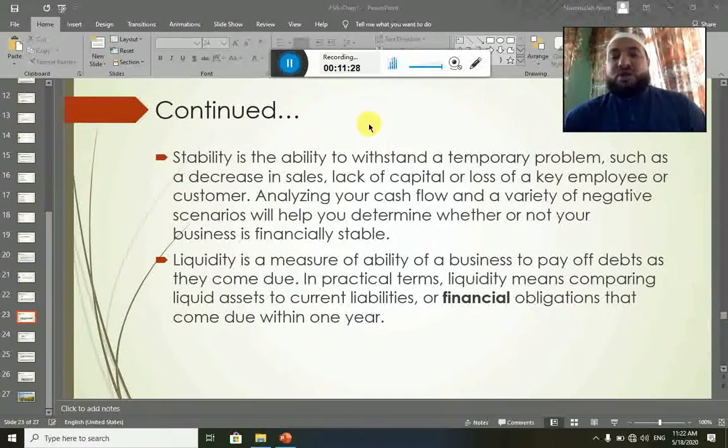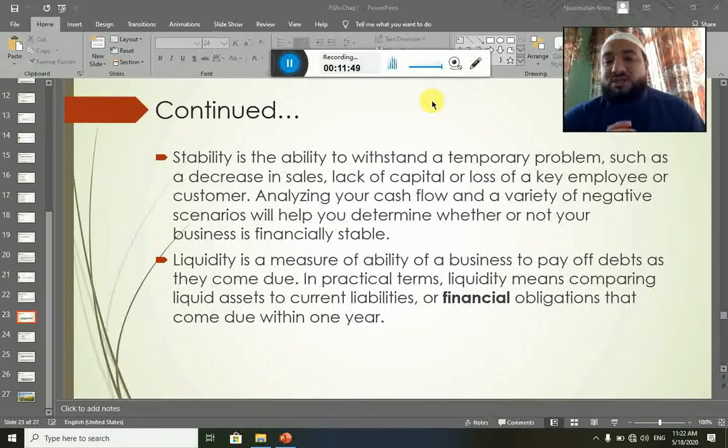If these lockdowns had less effect, we will accordingly gauge the stability. If there is no effect at all, we say this business is very stable. If there is a slight change, we say it's stable.